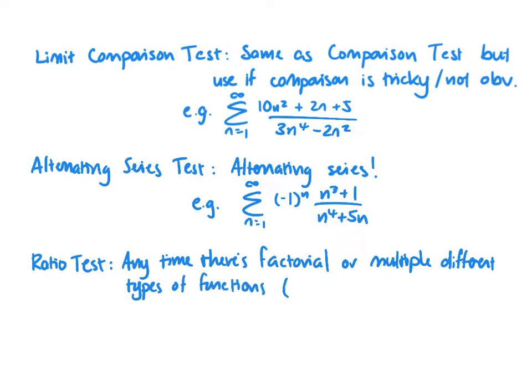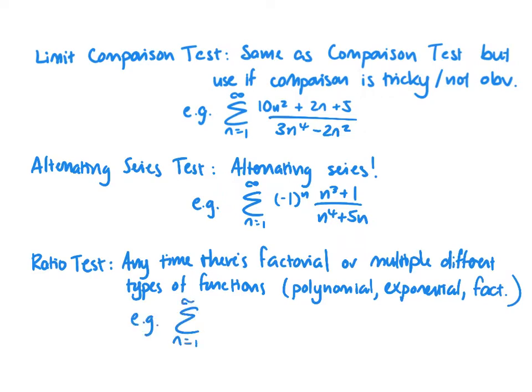So when I say different types of functions, polynomial, exponential, factorial. Here's an example: sum from n equals 1 to infinity, say 3n factorial plus n squared over 7 to the n plus 1. Something like this. This is where I might want to use the ratio test.